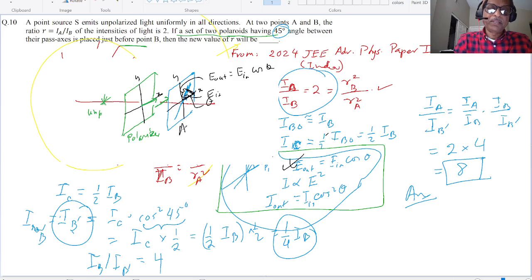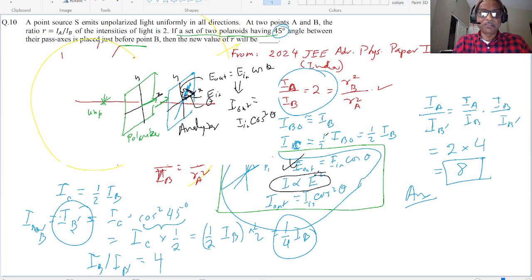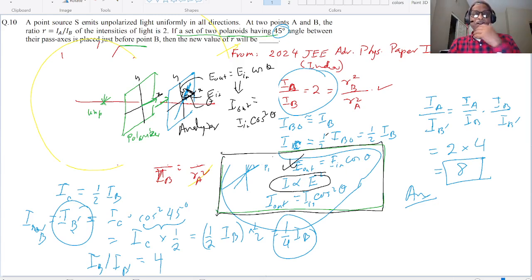So when you get to the analyzer, the intensity out will be intensity in times cosine squared theta. That happens because intensity is proportional to the electric field squared. Once you know this, you can completely trace through. What you want to study is called Malus's law.